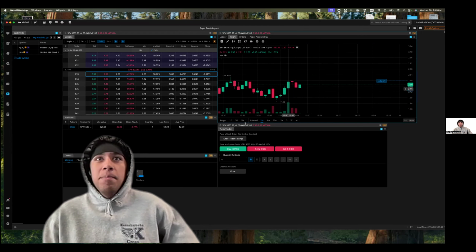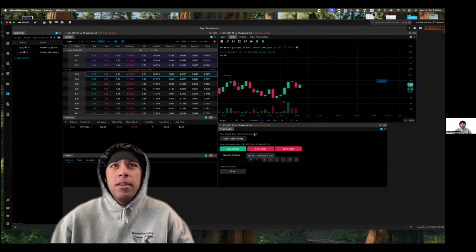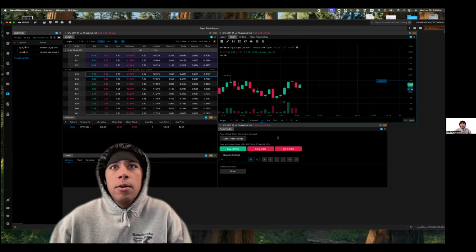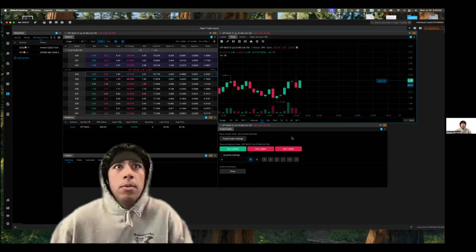Okay, this is my Turbo Trader, which is basically the interface that allows me to buy and sell the option contracts that I want. So I can buy contracts and sell them at different prices.